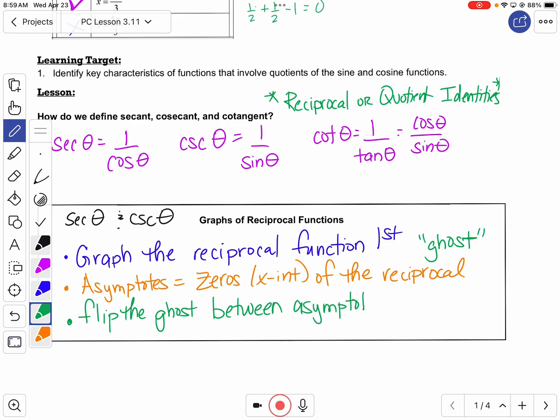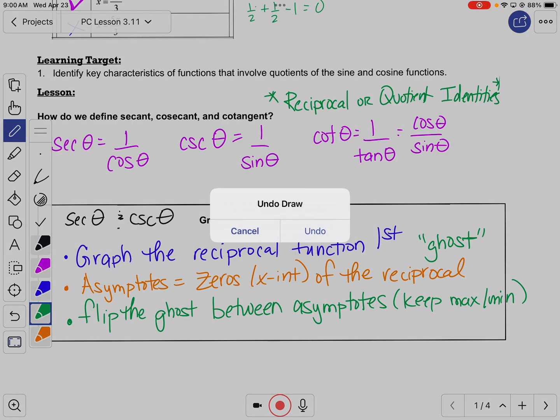I'll show you one. We're going to flip the ghost between the asymptotes, but we keep the max or the min that we see. So that's going to be our focus point. We will keep that max or min point and then flip everything else. So if my ghost is going down, my actual function will open up. If my ghost opens up, my actual function will open down.